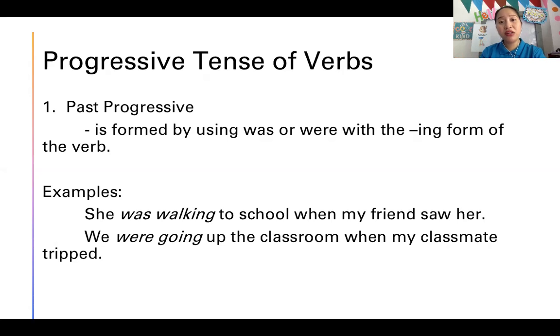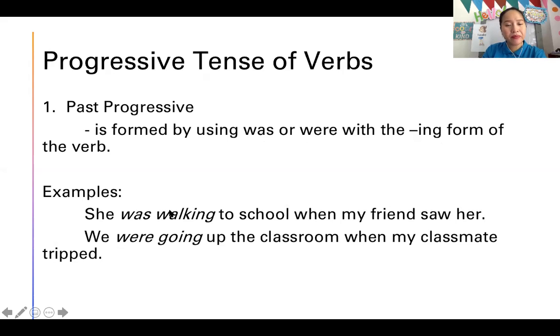That's why it is called progressive. That's why we are using the ing form of the verb. Usually when we use ing, it is present. But since it is a progressive tense of verb, we still use it in the past or in the future. Okay? Not just the present.